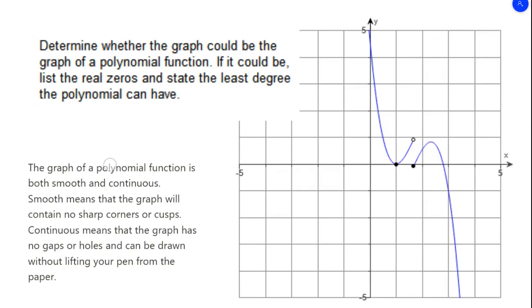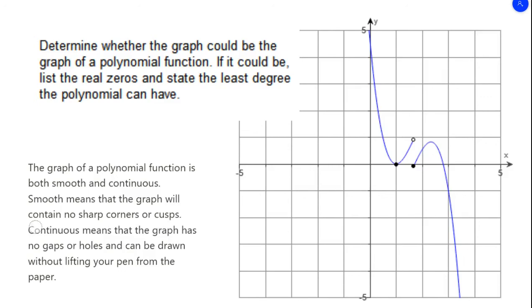The graph of a polynomial function is both smooth and continuous. Smooth means that the graph will contain no sharp corners or cusps. And continuous means that the graph has no gaps or holes and can be drawn without lifting your pen from the paper.